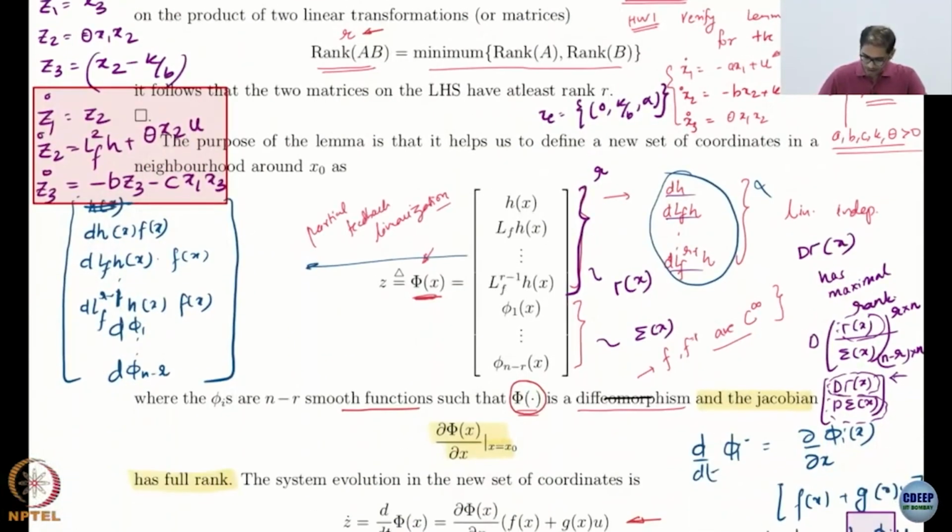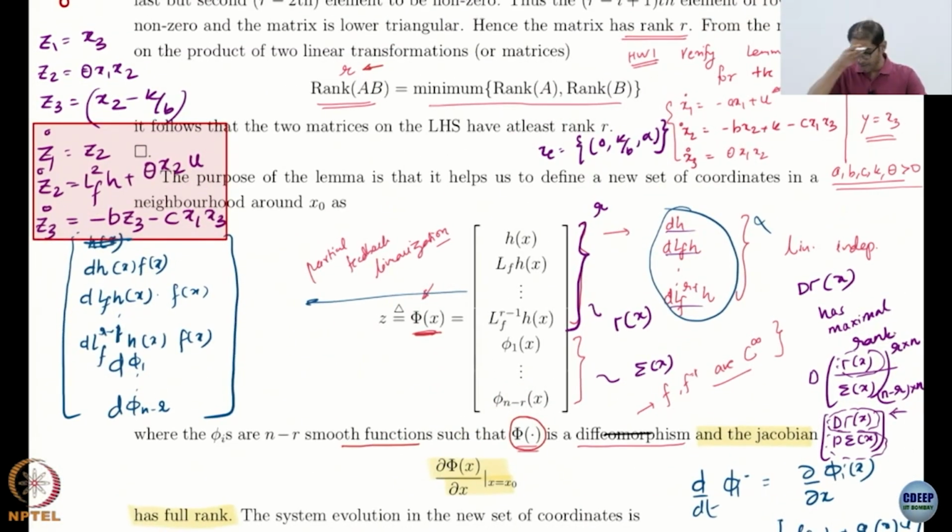Of course, once you have this linear independence, you can construct this change of coordinates. And since this gives me only r coordinates, I add a few more. How many more? n minus r more, because I started with an n dimensional state space, so I have to go to another n dimensional state space.